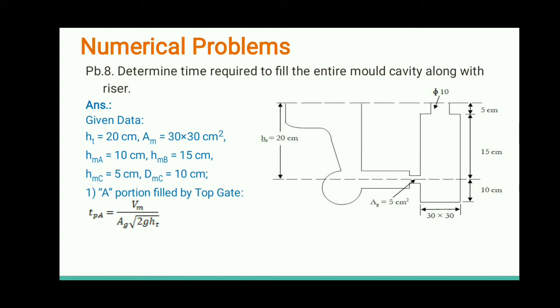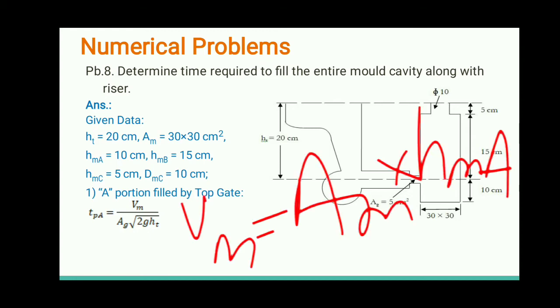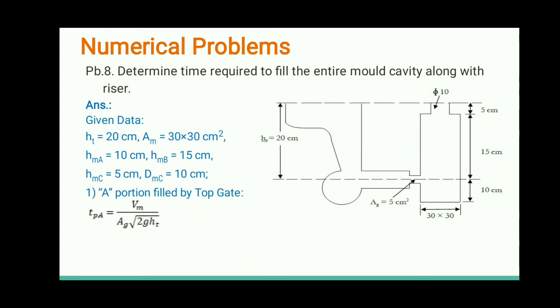It is VM, the volume of the mold cavity, upon AG, the cross sectional area of the gate, into root 2g HT. HT is the total height of the sprue and pouring basin. Everything is given to you, you just have to put the values: 30 by 30, the cross sectional area of the mold, and 10 centimeter height, that is the volume of this mold cavity, upon 5, the cross sectional area of this gate, into root 2g.